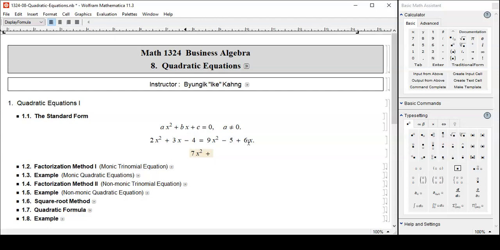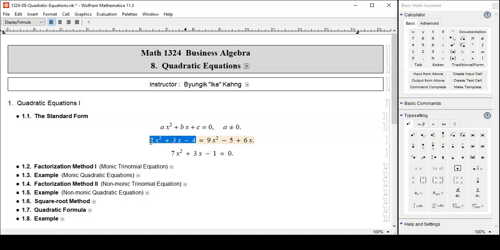And then we have 6x here, 3x here, that's going to be flipped over, so we get subtraction, 3x. And then negative 5 here, negative 4 there, flip it over, we have plus 4, so minus 1 equals 0. Looks like that's what you're going to get if you move everything to the right-hand side, so that one side is equal to 0.